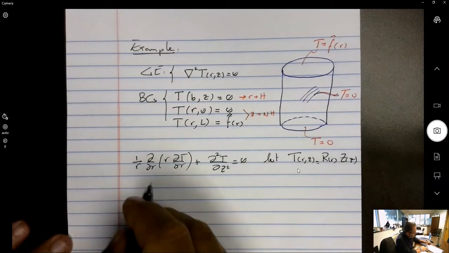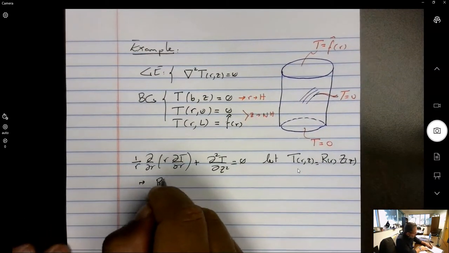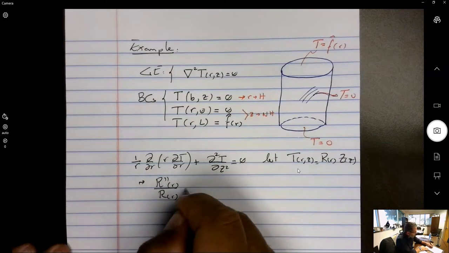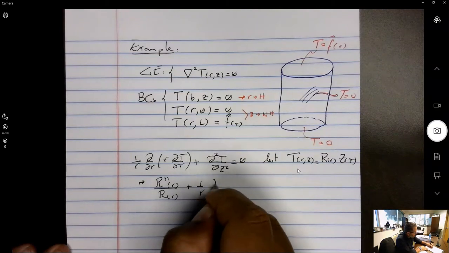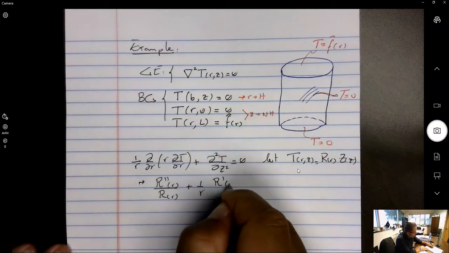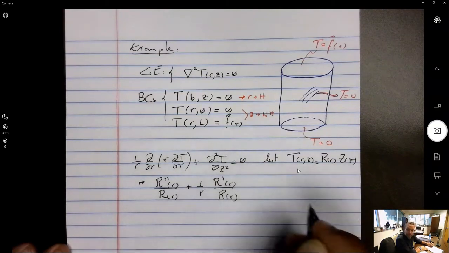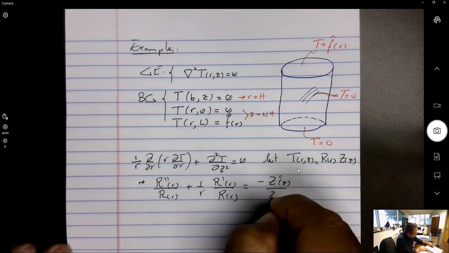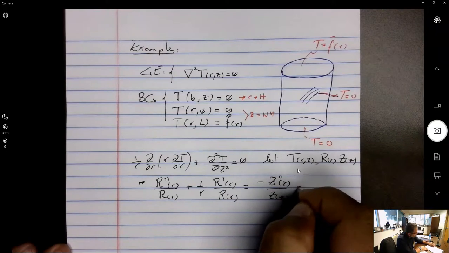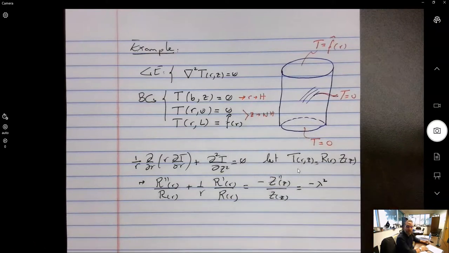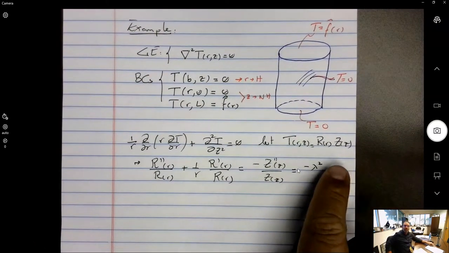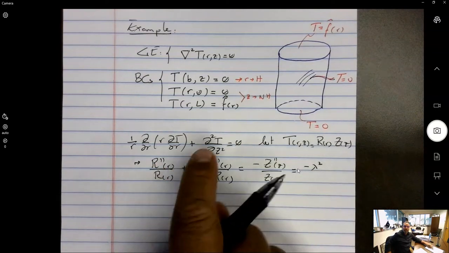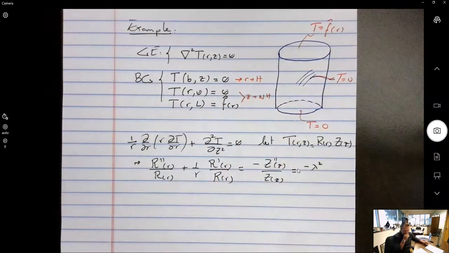As we've done already, the resulting equation will be R double prime of r over R of r plus 1 over r, R prime of r over R of r is equal to minus Z double prime of z over Z of z. And we are going to pick a negative separation constant so that we end up with an eigenvalue problem in the r direction, right? Because the r direction is homogeneous.